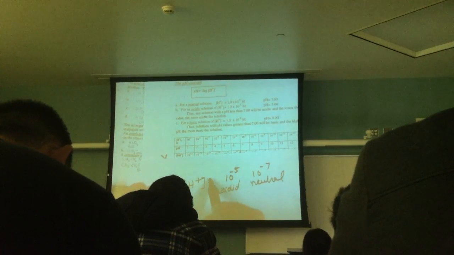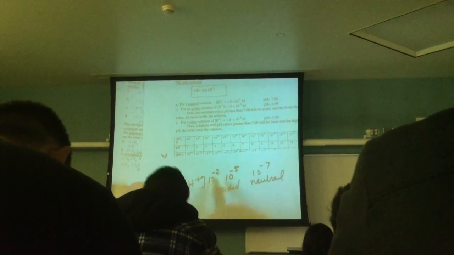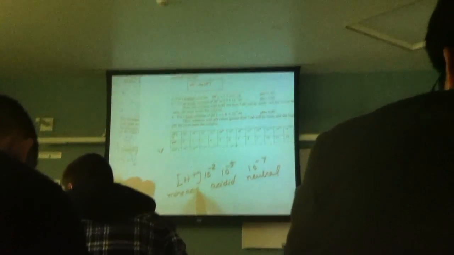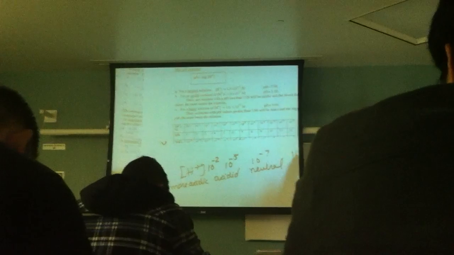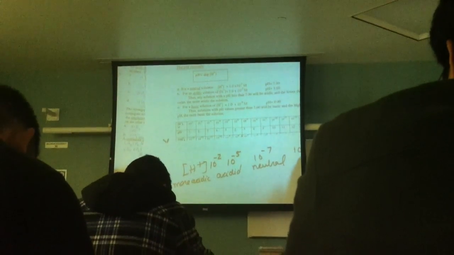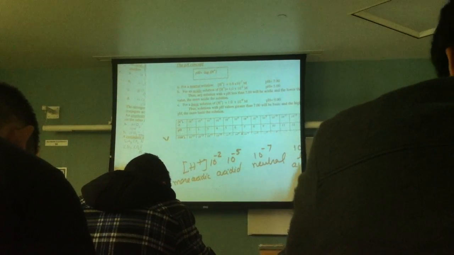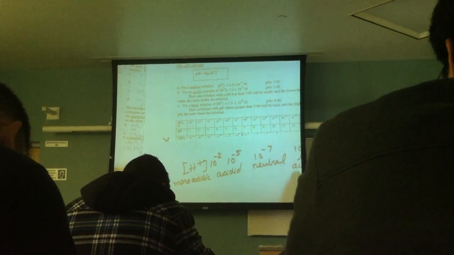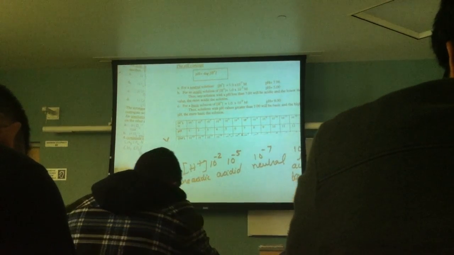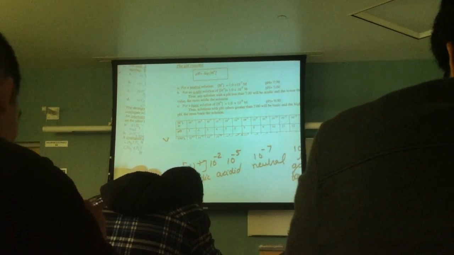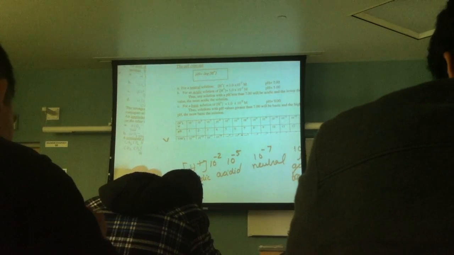How about 10 to a -2? More acidic. How about 10 to a -8? Less acidic. Instead of saying less acidic, you're so right. You said what? Basic. Yeah, I'd rather hear right what we said.